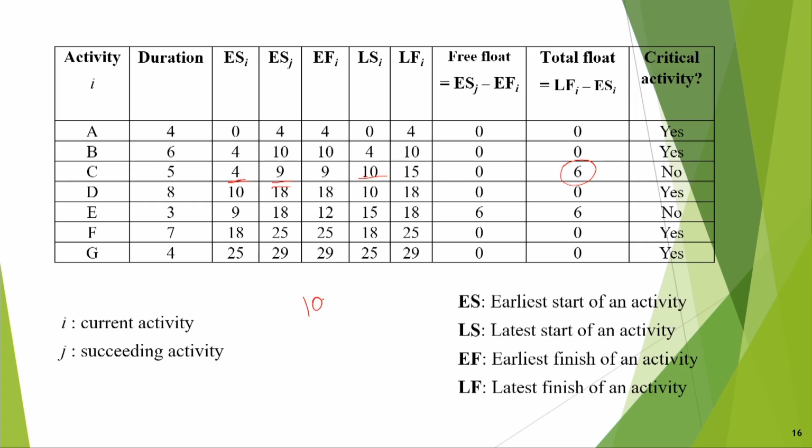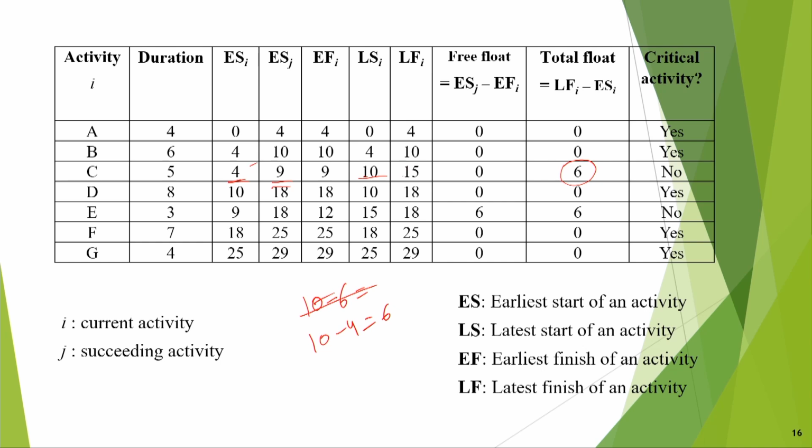So 10 minus 4 is equal to 6. Total float is obviously 6, because the latest this activity should be started is the 10th day, and the earliest it can start is 4. Just pay attention to these two things.